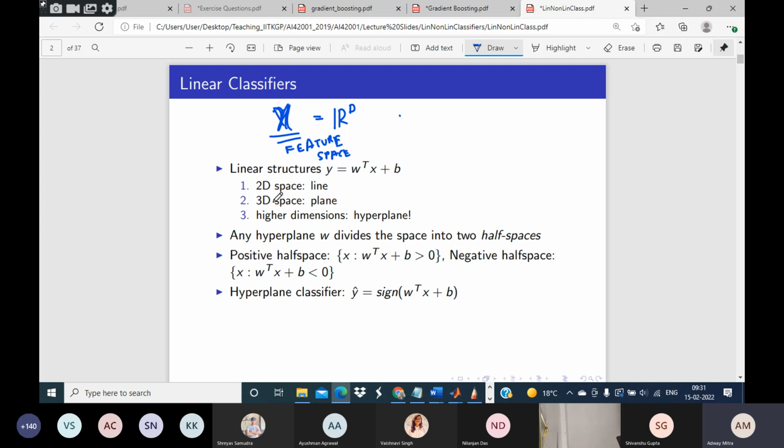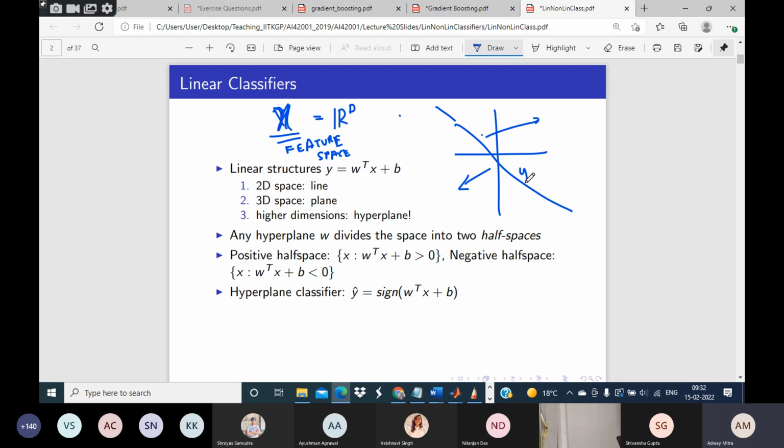If it is a 3D space, then it is the equation of a plane. If it is still higher dimensional, it is called a hyperplane. Now, what does a line do? If you consider the normal 2D space, any line like this divides the space into two parts. There is one on this side of the line and the other is on the other side of the line.